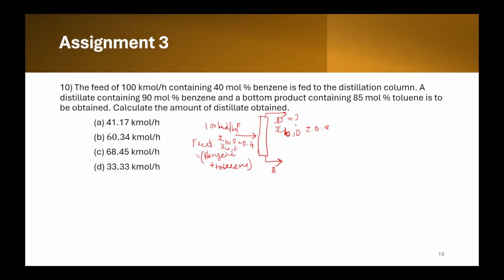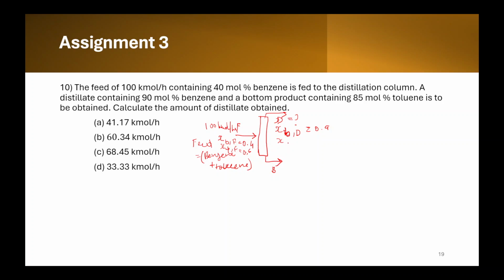And then automatically XTF, toluene, will be 1 minus 0.4, 0.6. Please keep in mind that the units are consistent. If the flow rates are given in molar form, in kilomole per hour, all the other flow rates should be in the same unit, and the concentrations are also expressed in mole percent only, not mass percent or weight percent. If it is given in that form, convert it first. So XTF will be 0.6.